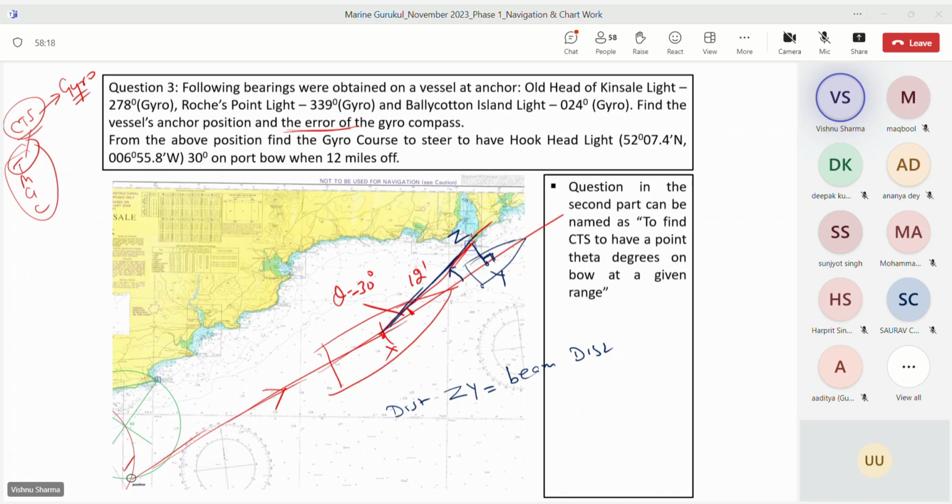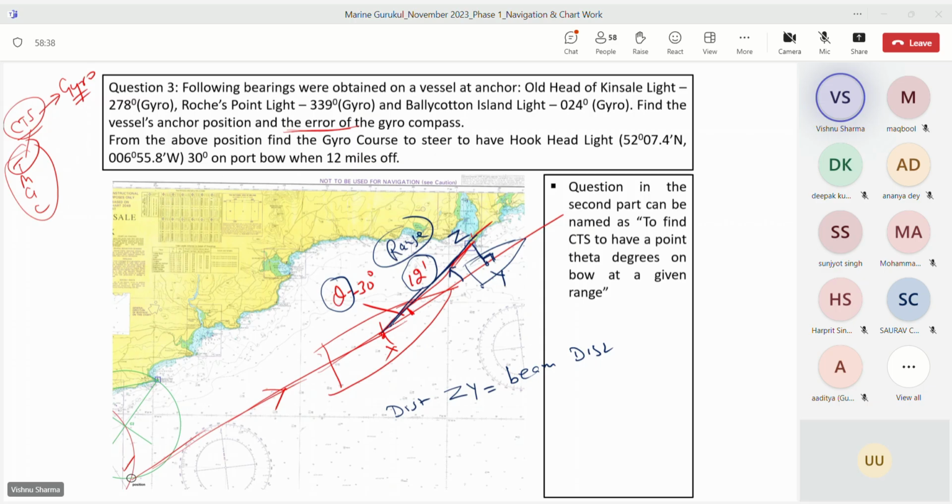This distance, which in this case is 12 miles, in our formula we'll call range. Range means the distance at which you want that angle. And the angle, which in our case is 30, we call theta. The value of range can be anything, and theta can be anything.